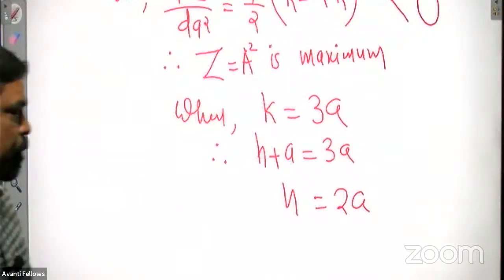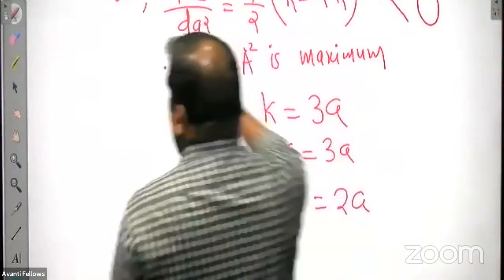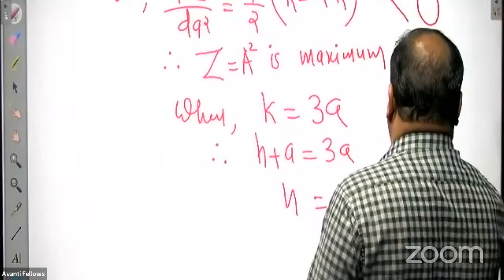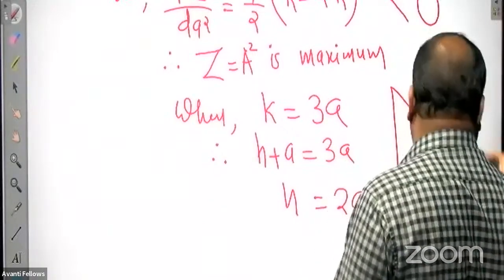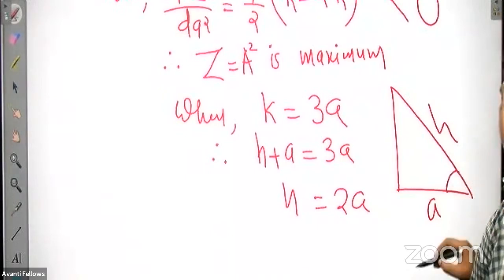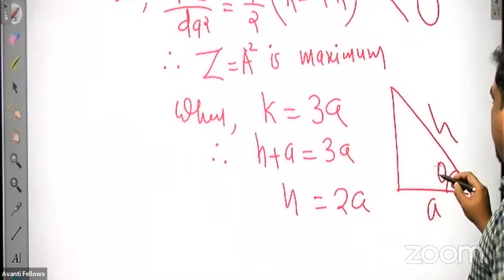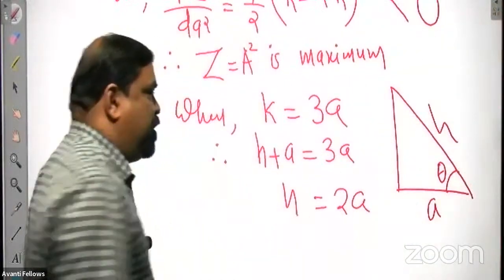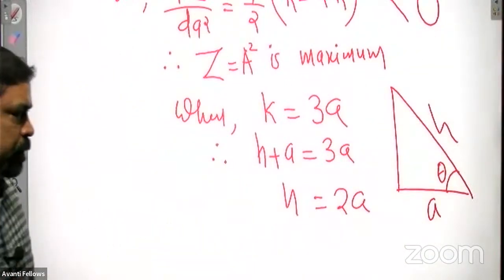Now you remember our figure, the right angle triangle, hypotenuse is h, and the other side is a, and the angle between h and a we have to find out.